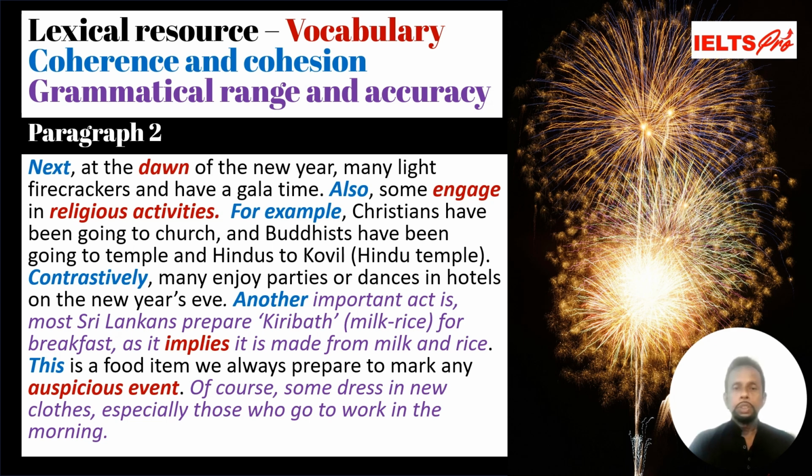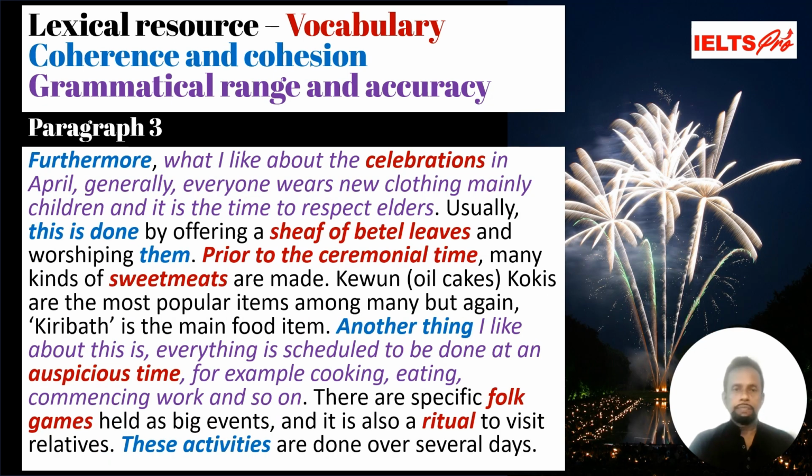Vocabulary: don't, engage, religious activities, implies, auspicious event. Then the coherence and cohesion: next, also, for example, contrastively, another, this. And the grammatical range and accuracy is in maroon. Finally, the third paragraph. Once again, the color code is the same.